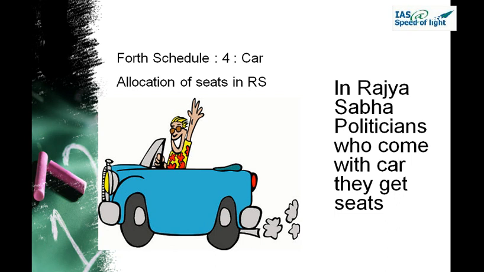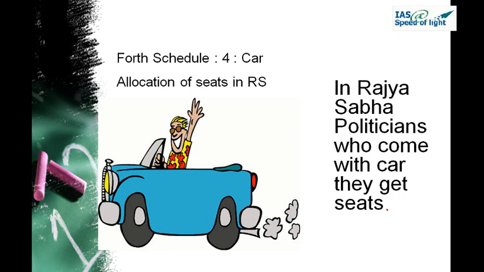So this fourth schedule deals with the allocation of seats in the Rajya Sabha to the states and union territories. So allocation of seats in Rajya Sabha. So in Rajya Sabha, politicians who come with a car, they get seats. Okay, see this picture now where this particular gentleman is very happy because he's coming in a car. Now he's very hopeful that he will get the seat in Rajya Sabha.